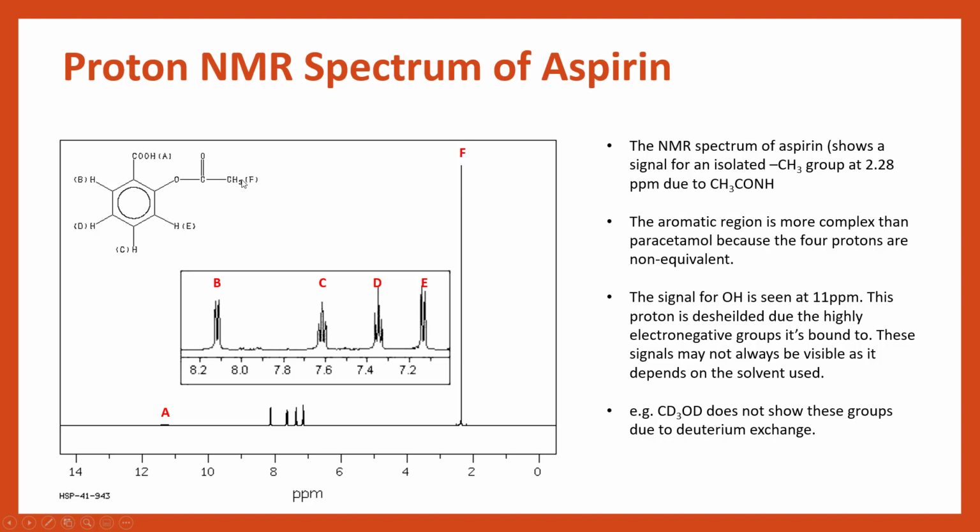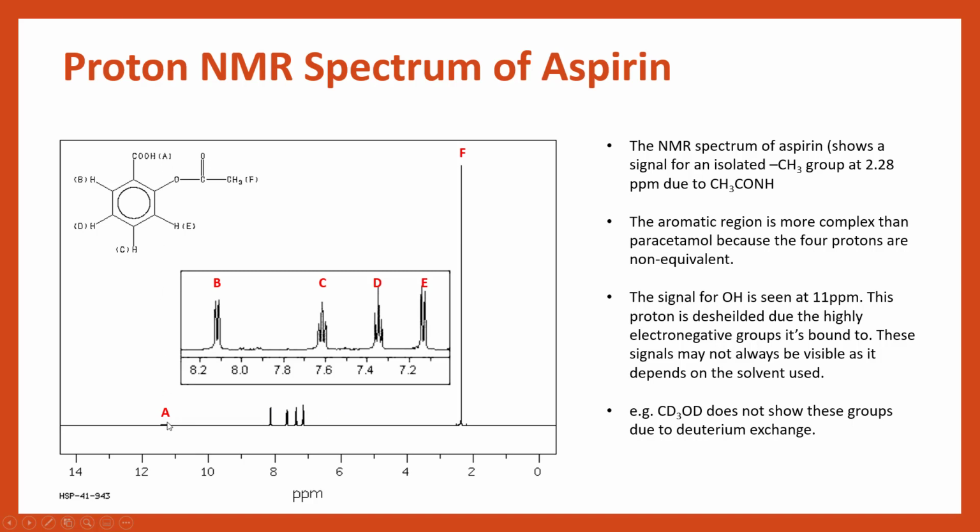So again, F, we can say it's our CH3 group. It's pulled down a little bit further because of this carboxylic acid, which is really electronegative. And we can also see how much taller it is than everything else, because it's 3 times more intense than our other groups since it represents 3 hydrogens, whereas the rest really only represent 1.